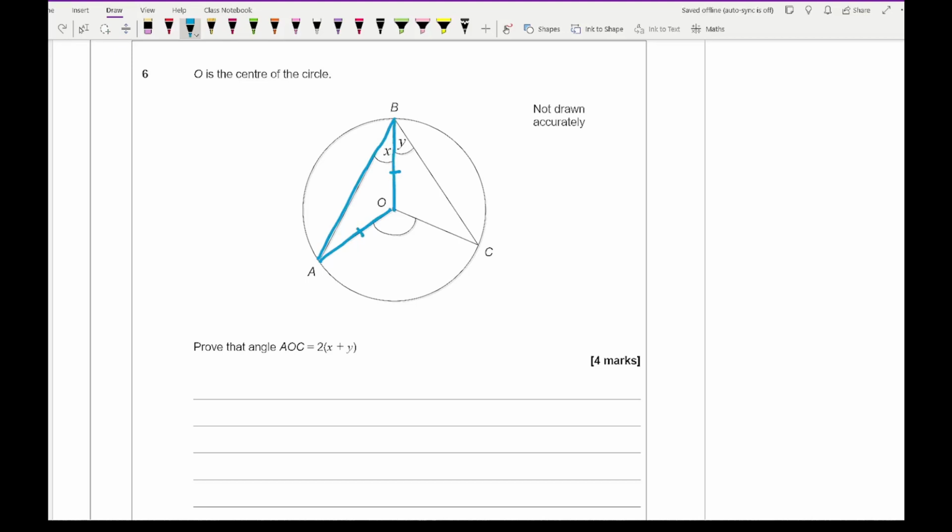that these two sides are going to be equal because they're both a radius. So AO equals OB because they are radius of a circle. So therefore triangle AOB is going to be an isosceles triangle.